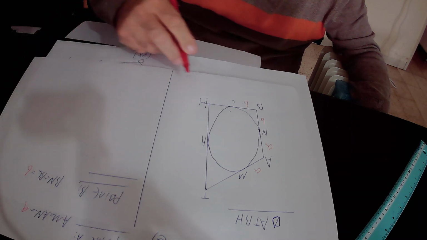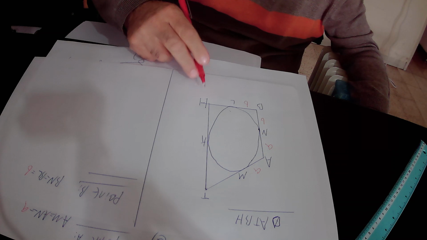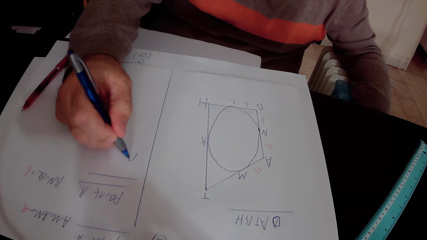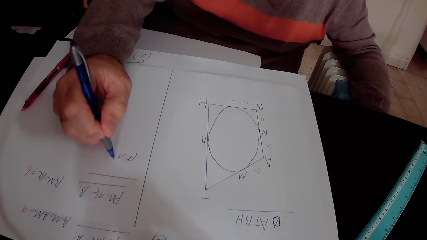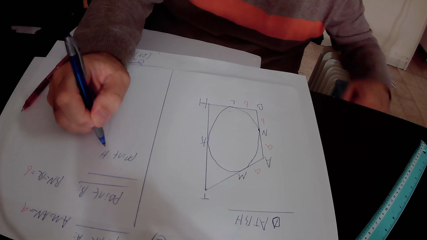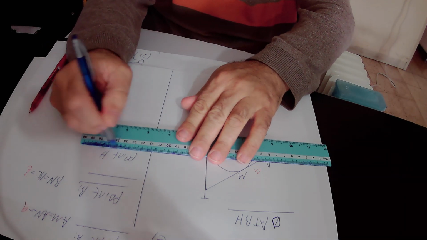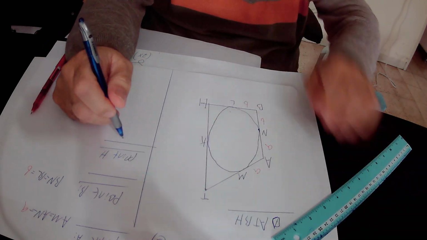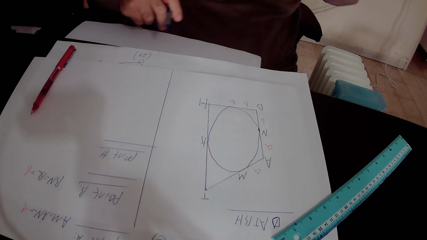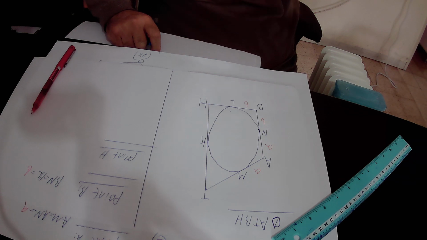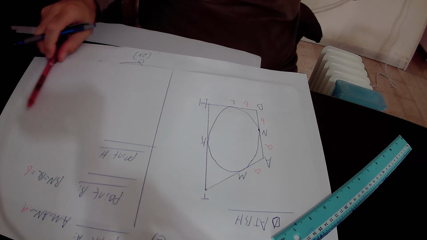The next step, we focus on the common external point, point H. For the common external point, point H, we have two tangents to this circle, tangent edge L and tangent edge K, and according to rule number 2, they are equal to each other.